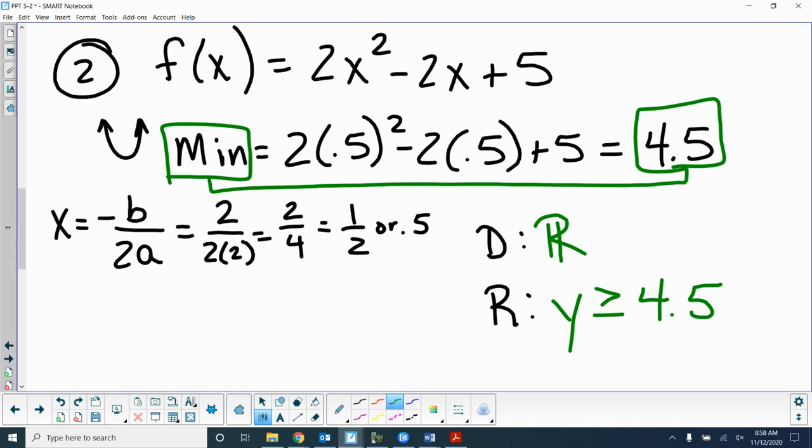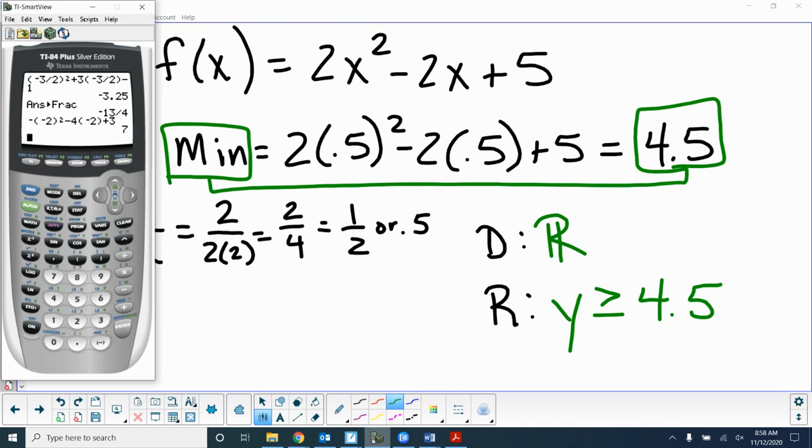Okay. How do I graph it? What button do I start with? Y equals, right? All right. Make sure we're keeping our noses covered.